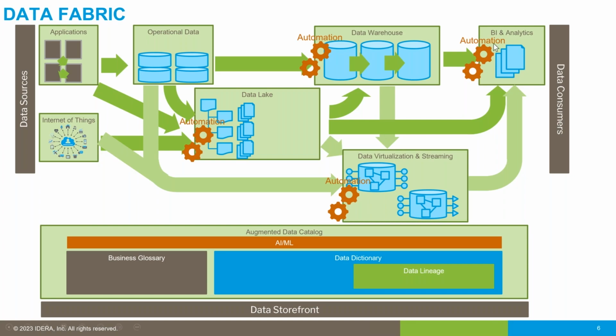Again, at every level, you'll see that we have the automation component, which is vital, and that's what makes a true data fabric story. At the end of all of this, we have a solid foundation, which is based on an augmented data catalog that utilizes AI and machine learning, and also a business glossary and data dictionary, along with data lineage. And at the forefront is the data storefront and your data consumers.